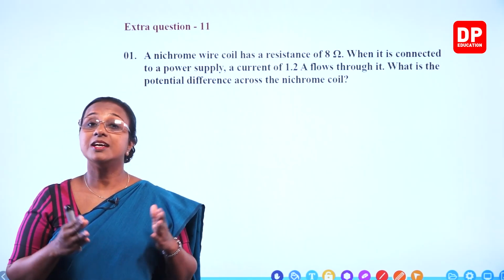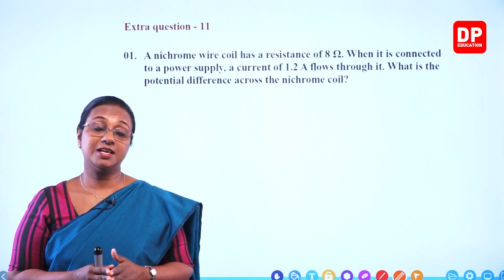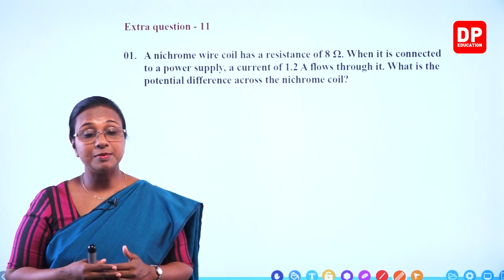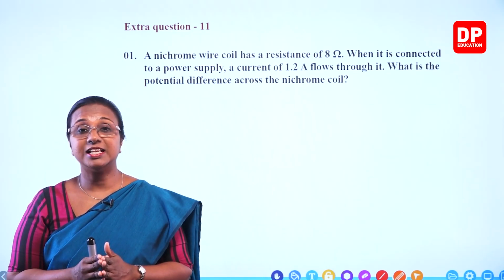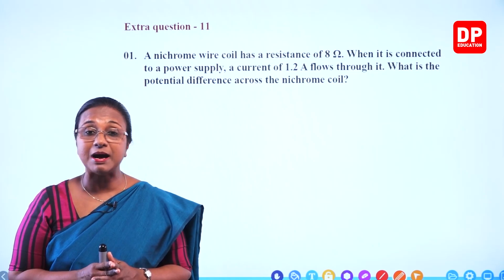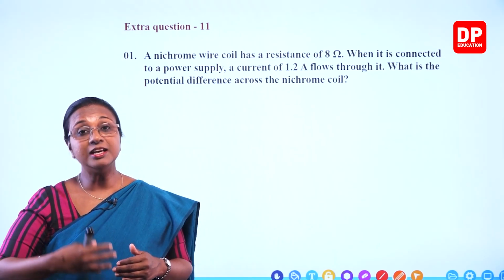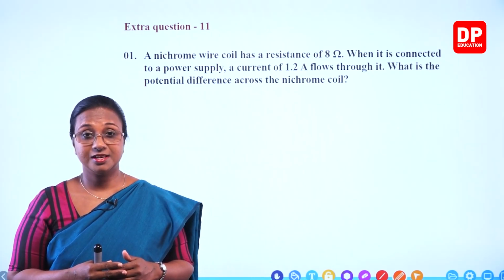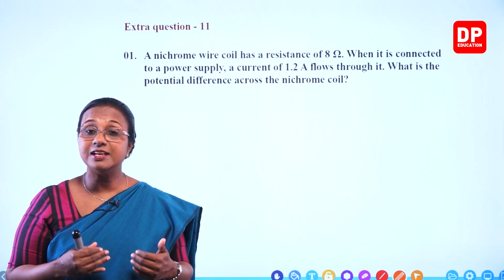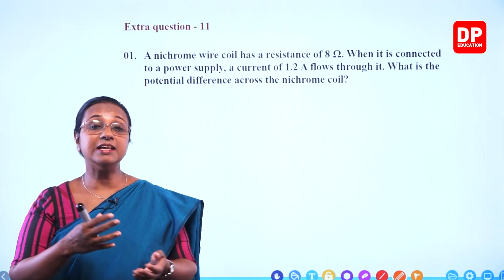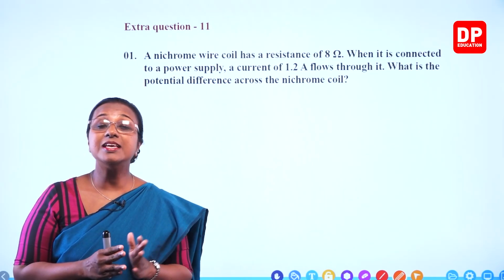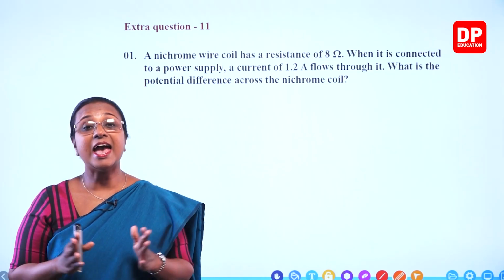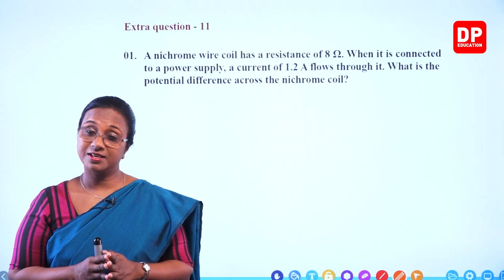Thereafter, we discussed different types of resistors. Fixed value resistors, variable resistors, and light dependent resistors. And finally, we discussed how we can combine resistors to get an equivalent resistance. That is the resistance that is needed for us by combining resistors in different ways. Under that, we discussed the series combination of resistors and parallel combination of resistors.